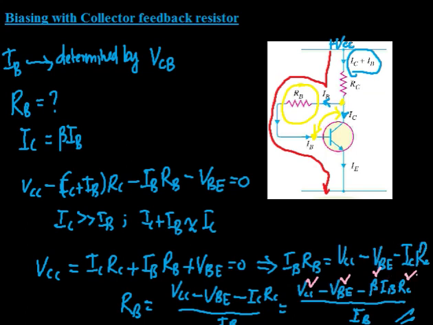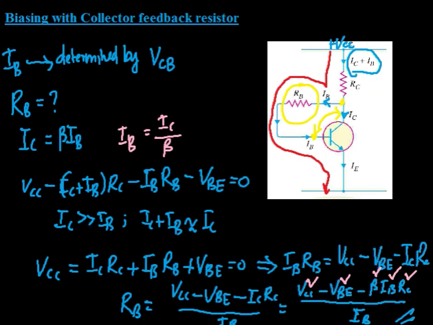RC is the collector resistance which we connect in the circuit, and IB is the base current obtained using the equation IB equal to IC by beta, where IC is the desired collector current for proper biasing of the circuit. So this is the way we can design a transistor biasing circuit with a collector feedback resistor.